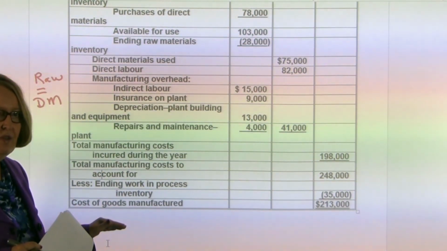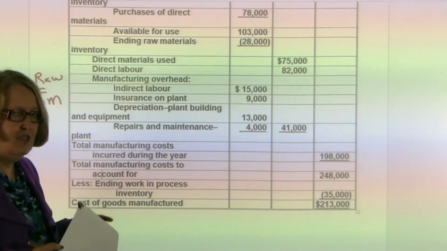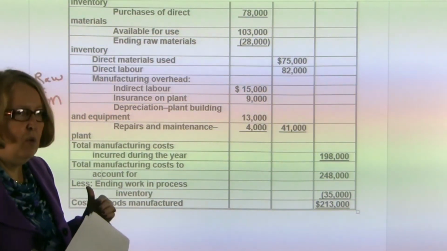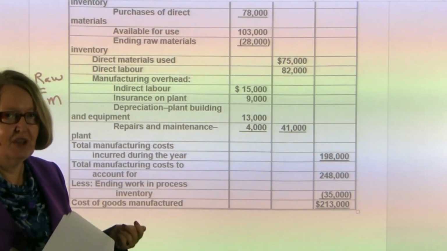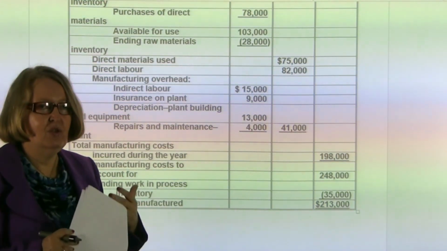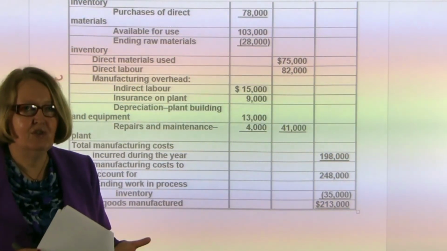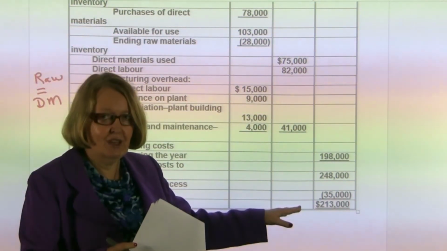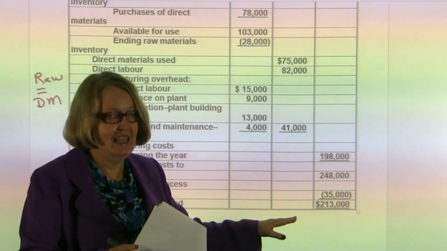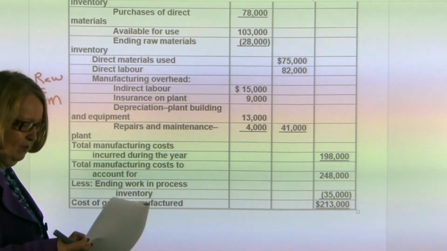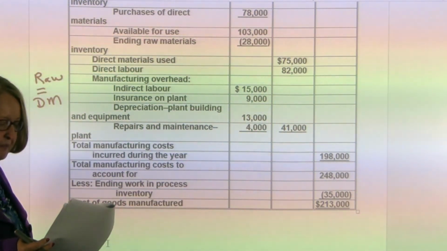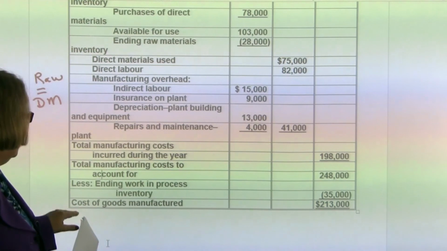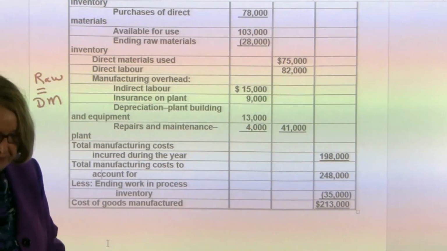So it's 213,000. So what this is doing essentially is looking at what did you bring into the period that was partially finished, how much new product did you work on during the year, and then subtract from that what you had left unfinished or in process at the end of the year. So we have $213,000 worth of cost of goods manufactured.